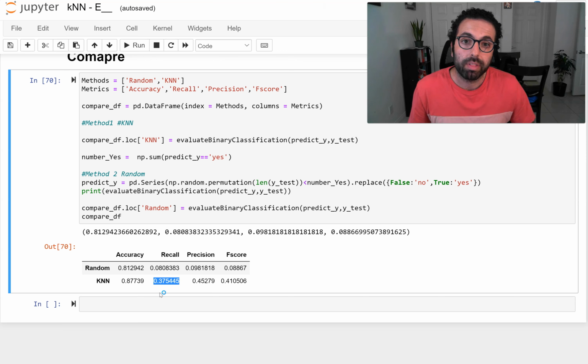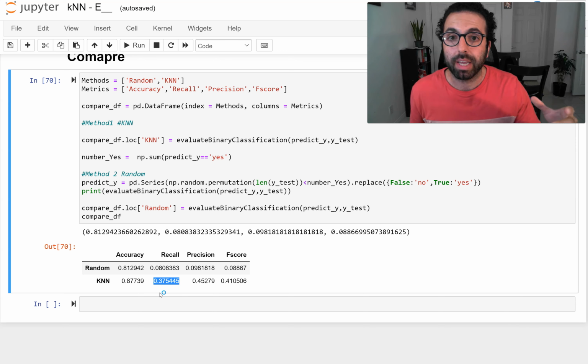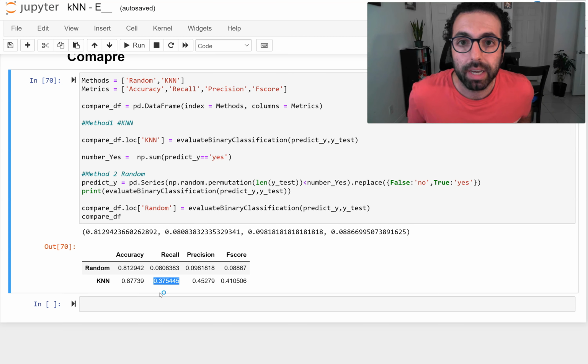Also, we talked about the need for tuning, and we showed that with proper tuning, we have the capability to select a metric and tune the algorithm in a way that is going to help us improve the algorithm based on that metric. And then we saw that at the end, the algorithm did much better than just randomly classifying.